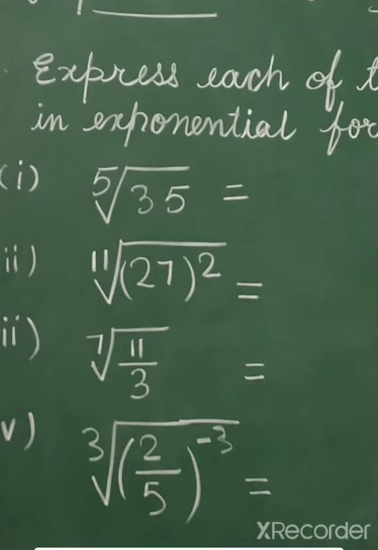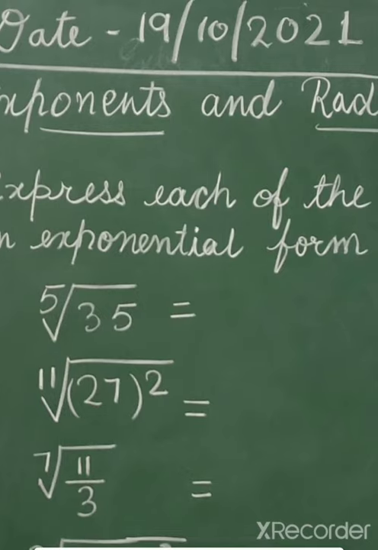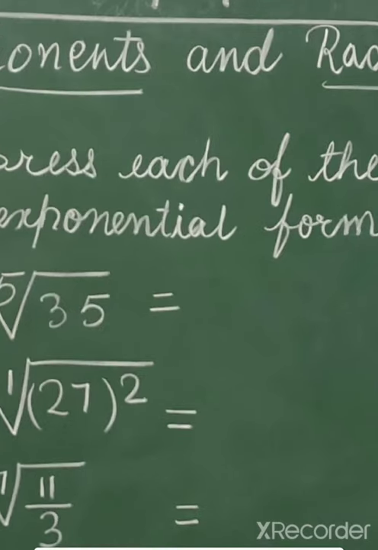And now we have to express it in the exponential form. Exponential means the power. There must be a power. So the base number is 35 in question number 1. So we will write the base number 35 here, and what is the power of 35? The power of 35 is 1 and the root is 5.